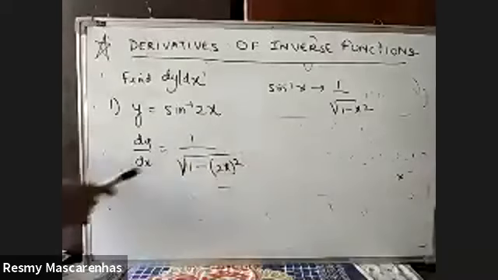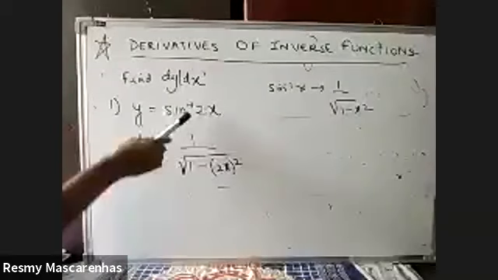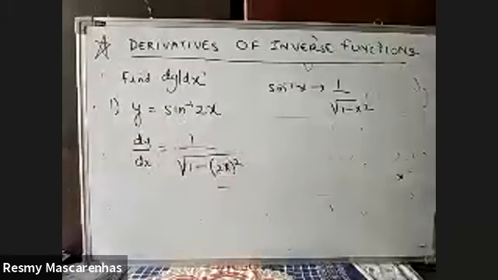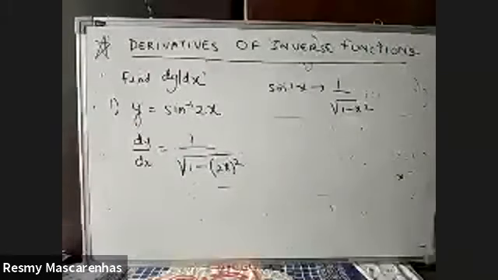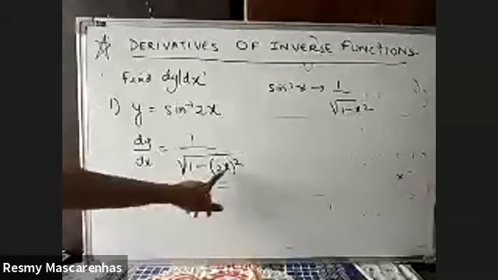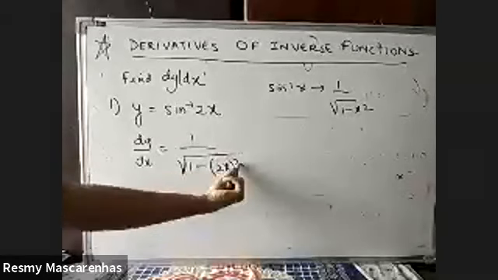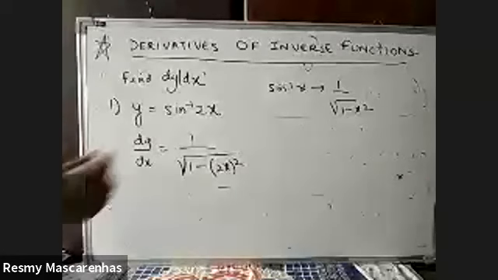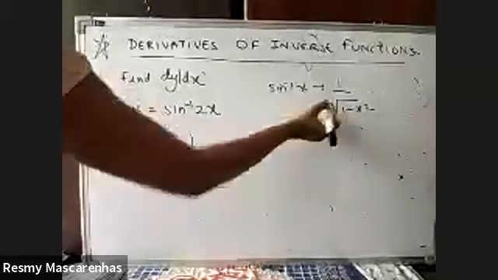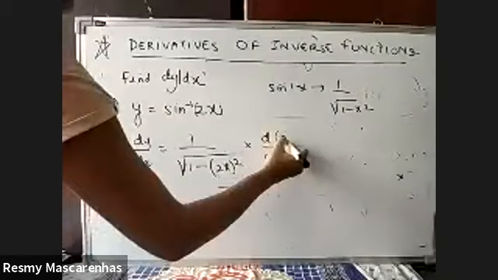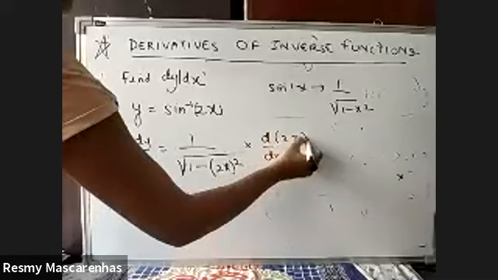Okay. If it is x, it is x square. Now if it is 2x, it will become 2x square, the whole square, not only simply 2x square. This full thing square. So if it is not exactly x, then always take the extra derivative of y because it was not plain x.